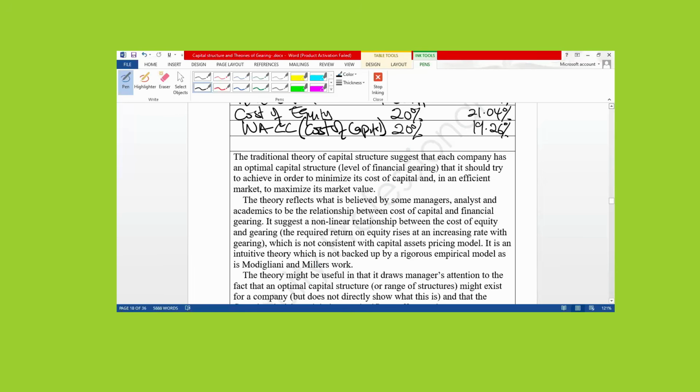There's a relationship between your cost of capital and your level of borrowing. Your level of borrowing is your financial gearing. It suggests a non-linear relationship between cost of equity and gearing.